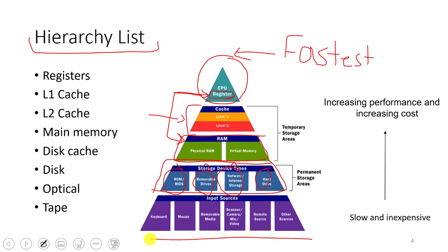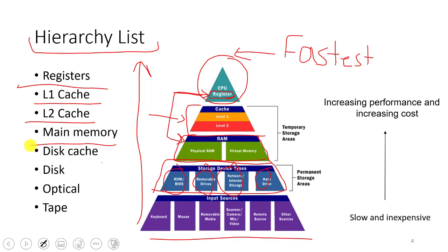All of these are considered the slowest in terms of speed for the CPU. So registers, L1 cache means level 1 cache, level 2 cache, main memory, which is the RAM, then cache disk, optical, and tape, and so on. So this hierarchy depends, once more, on speed.